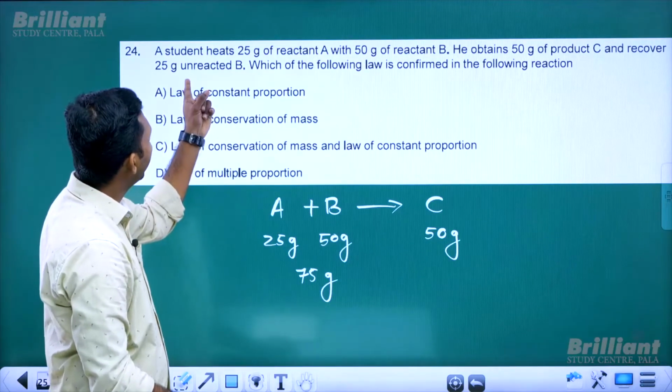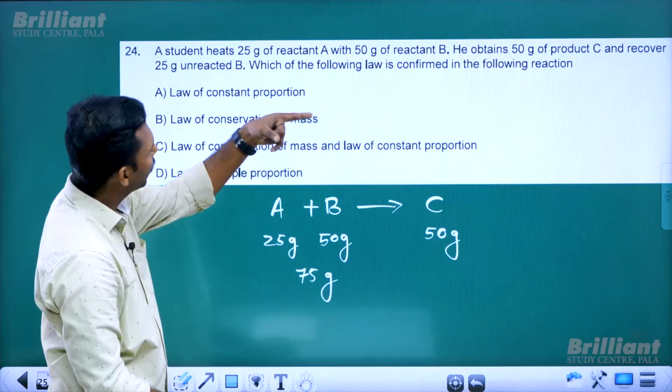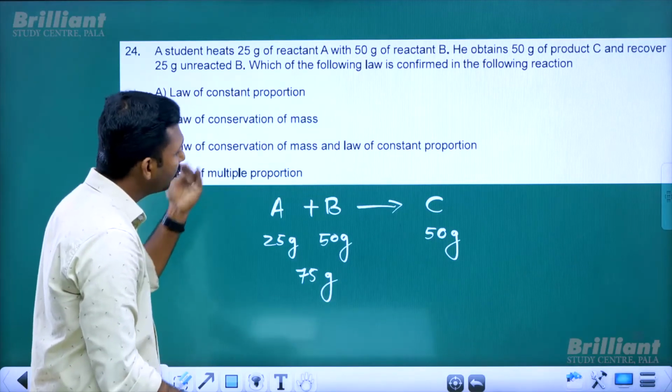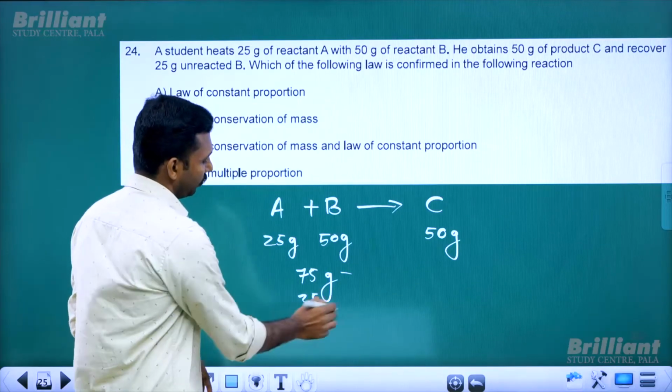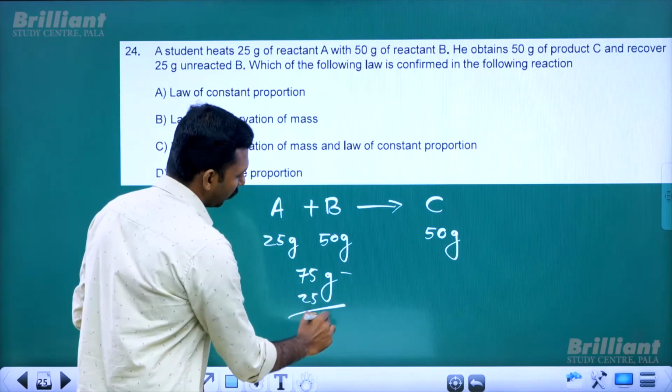It is also said that the student recovered 25 gram unreacted B. So we have to minus 25 from here. So we will get 50 gram.